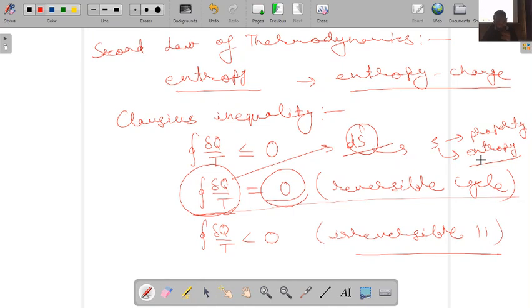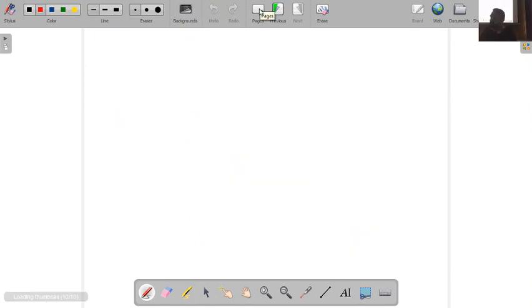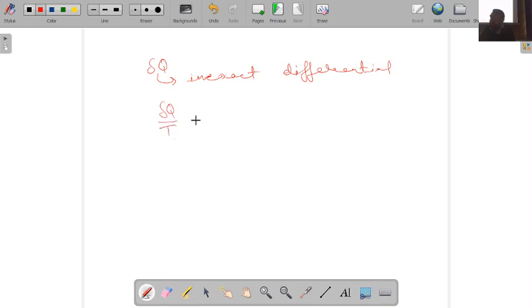Okay, so you can see that your delta q over here was an inexact differential. What is delta q? It's a path function. So delta q is not an exact differential. Mathematically I can say it is an inexact differential. So when I am dividing this delta q by t, this is becoming an exact differential, because it is becoming property ds.